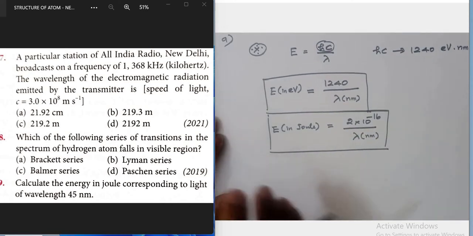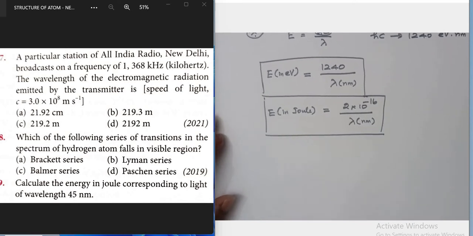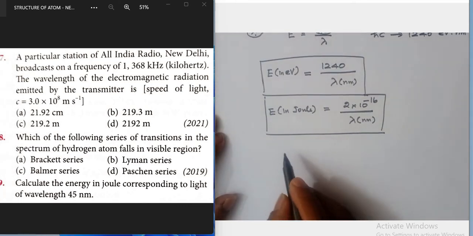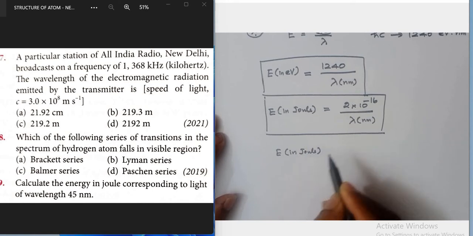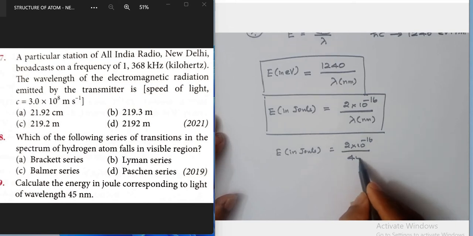Now see, in this problem, calculate energy in joule corresponding to the light of wavelength 45 nanometer. So wavelength is given, 45 nanometer. They are asking energy in joule. So if you want energy in joule, use this formula: 2 into 10 to the power minus 16 over the value of lambda in nanometer, which is 45 nanometers.